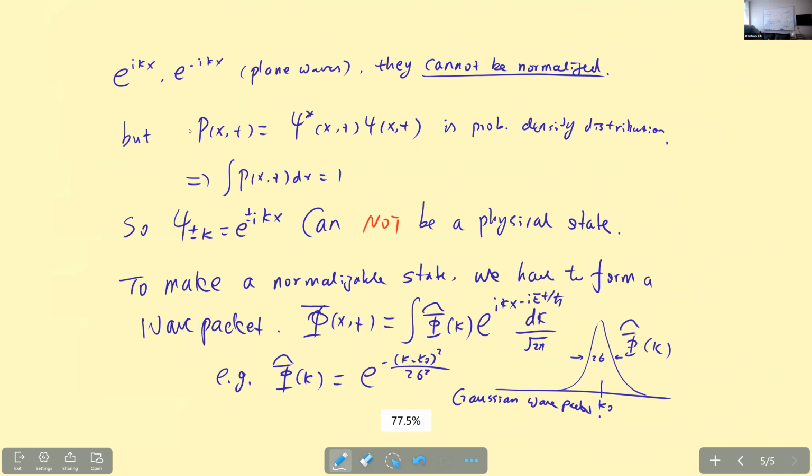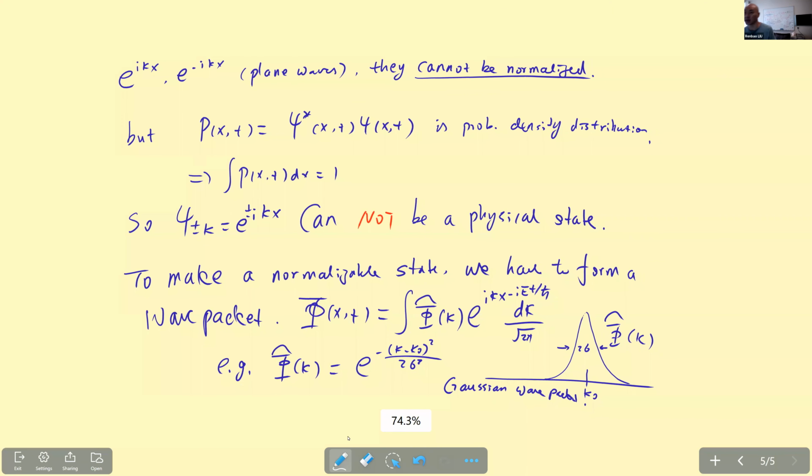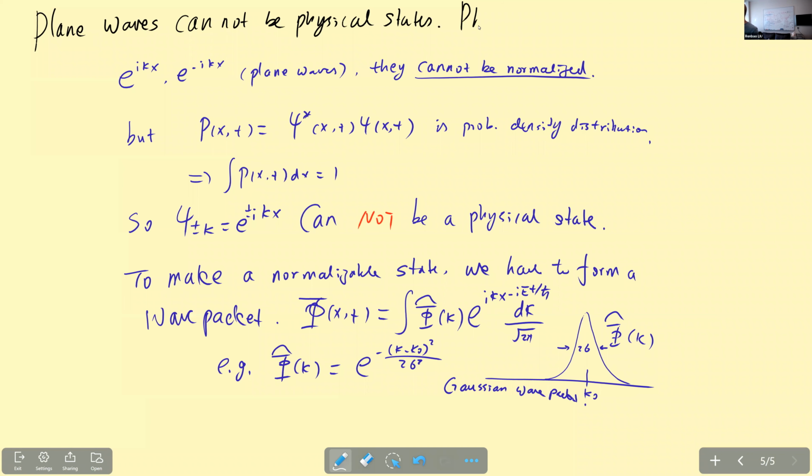So the point of this one is that the plane waves cannot be physical states, and the physical states must be a wave packet.